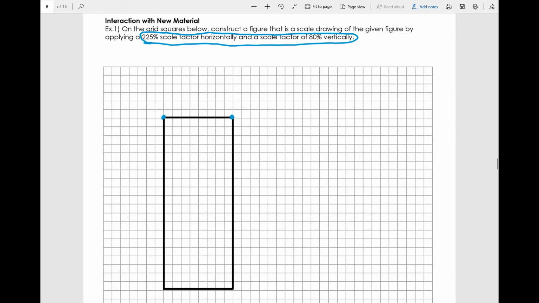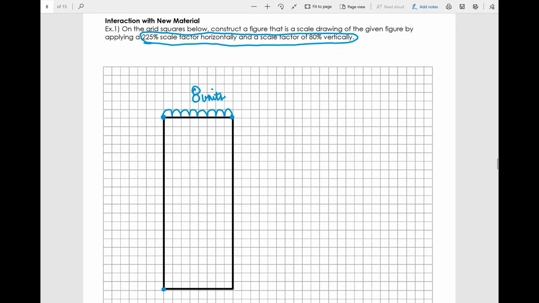So horizontally, how can we measure this horizontal line? From here to here, I'm going to count the boxes. Watch me: 1, 2, 3, 4, 5, 6, 7, 8 boxes. So this is 8 units. And let's do the vertical one now too, so we can finish measuring.